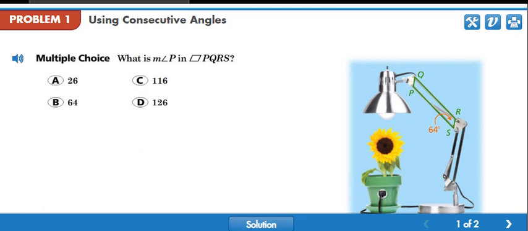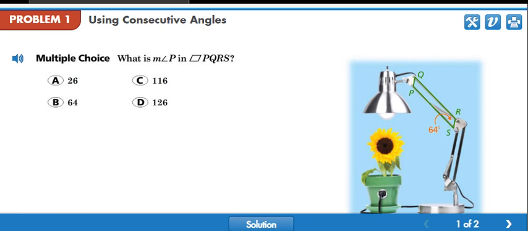Well, we know that P and R are opposite angles, and those are congruent, but this points at S. So P and S are on the same side, so we say those are consecutive angles. And we just have to remember, consecutive angles add up to 180 degrees.